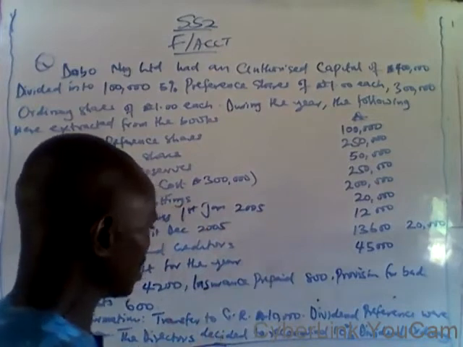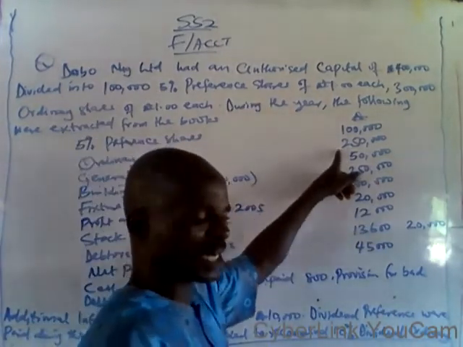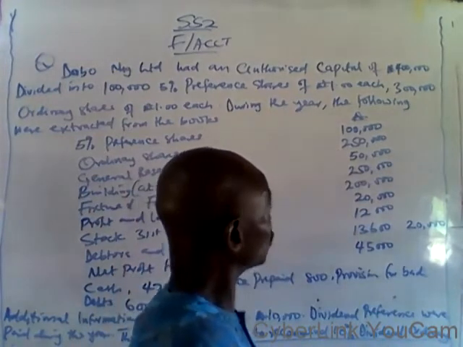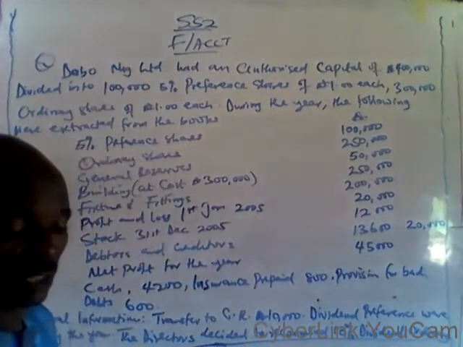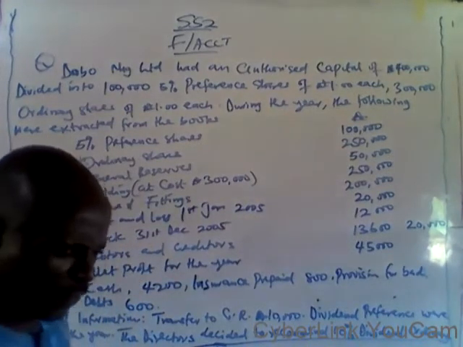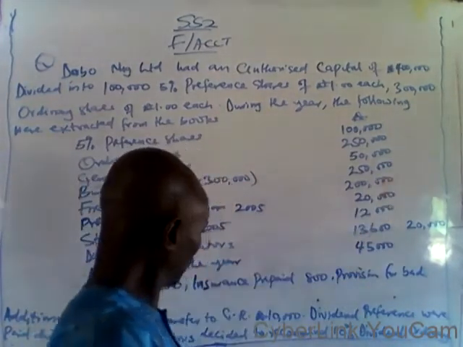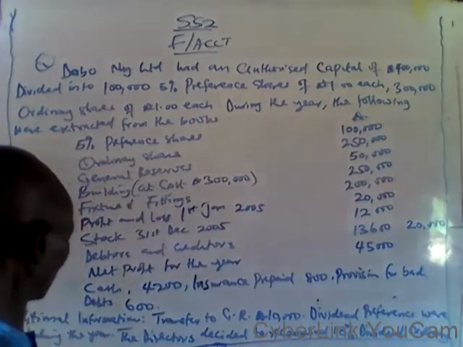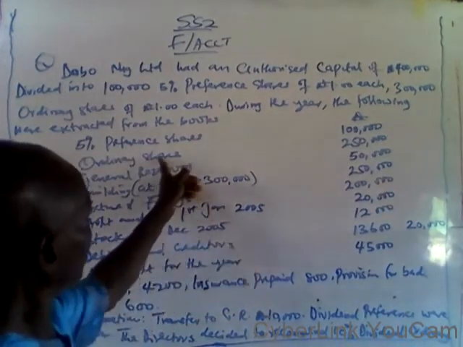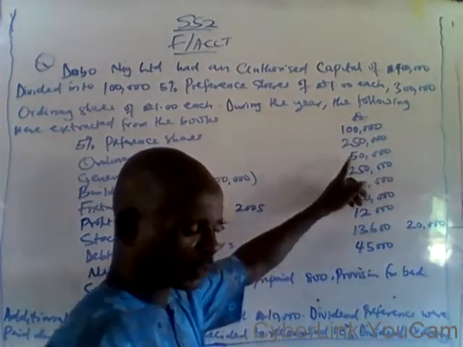Here you are given a 10% dividend on ordinary shares. 10% of 250,000 will give us 25,000.